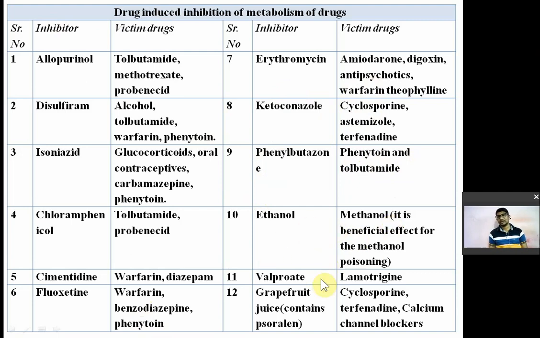That's why ethanol is used in case of methanol poisoning due to competitive inhibition. Then valproate again is an enzyme inhibitor and it will decrease the metabolism of lamotrigine. Grapefruit juice. Okay, grapefruit juice contains one chemical known as naringin. It is also again a powerful enzyme inhibitor and that's why it will decrease the metabolism of cyclosporine, terfenadine, calcium channel blockers.